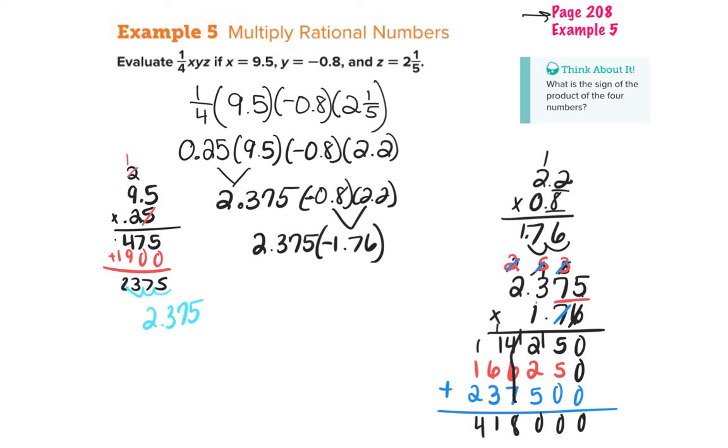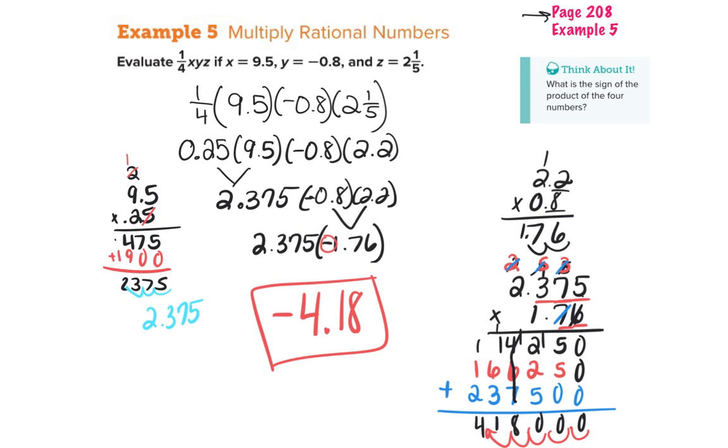I had 1, 2, 3, 4, 5 decimal places in my factors. So 1, 2, 3, 4, 5. So this looks like it should be 4.18. And again, I had a negative that I was multiplying by, and there was only one of them. So I'm going to go with negative 4.18/100.